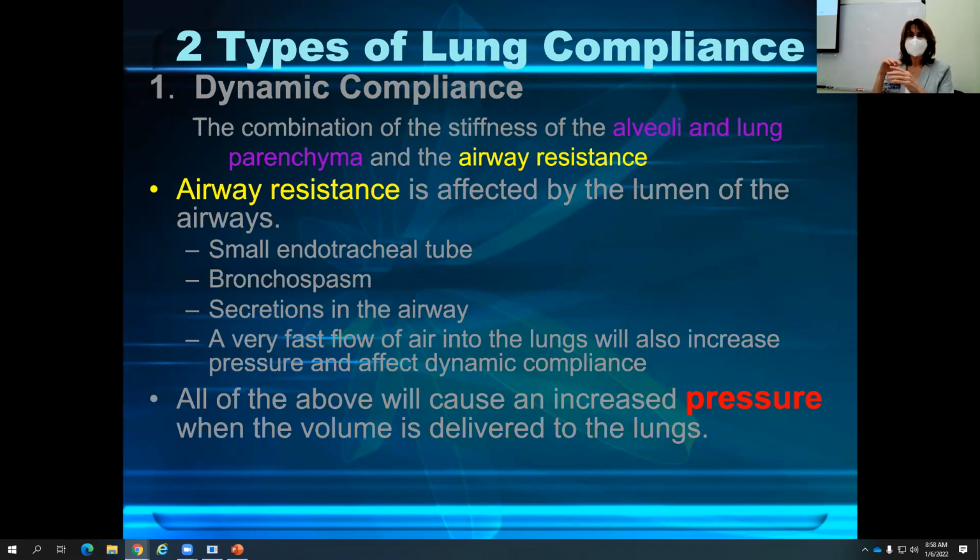Now, when you're trying to get air past the secretions in the airway, you're going to get higher pressures on the ventilator. Also, airway resistance, a very fast flow of air into the lungs will also increase pressure and affect dynamic compliance.